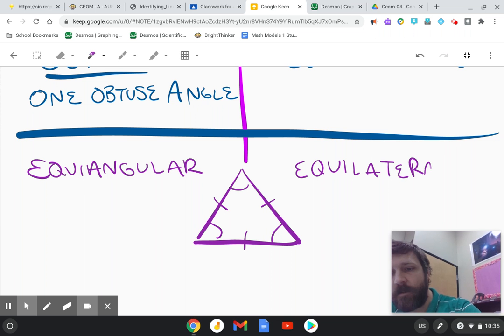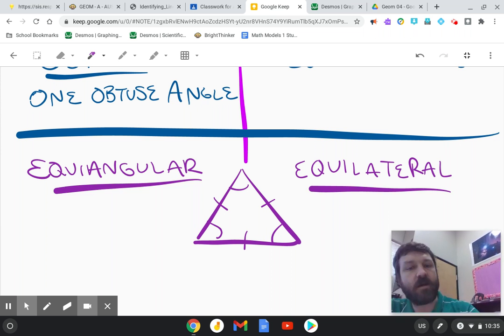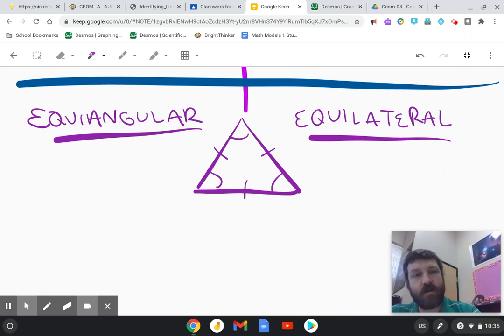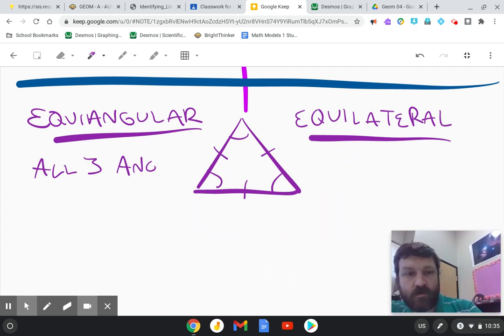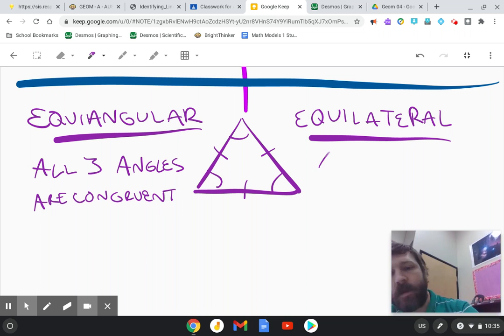So the reason I'm writing these together down here is that these two always come together. You can't have an equiangular triangle that is not equilateral. They are always together. So all three angles are congruent, and equilateral refers to all three sides are congruent.